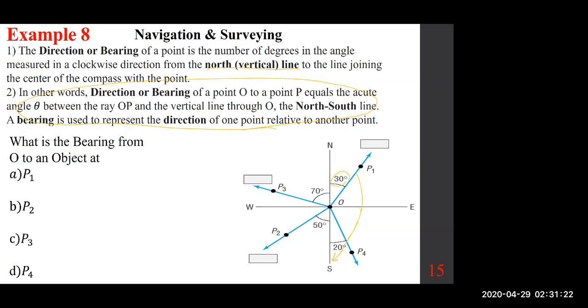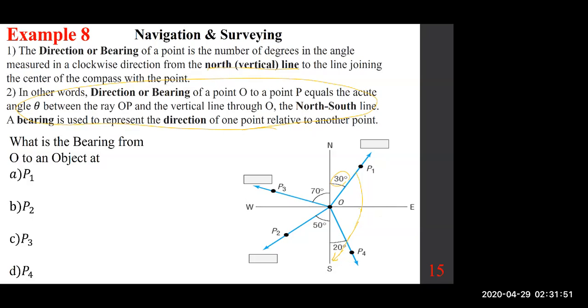Good. The next thing we mention is the angle. What comes after N or after S is the angle. The angle reads 30 degrees. Agreed? So next, 30 degrees. Then, is it on the right side of N or on the left side?